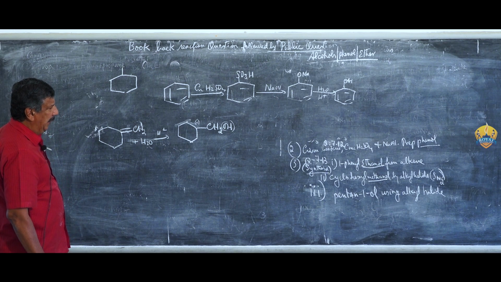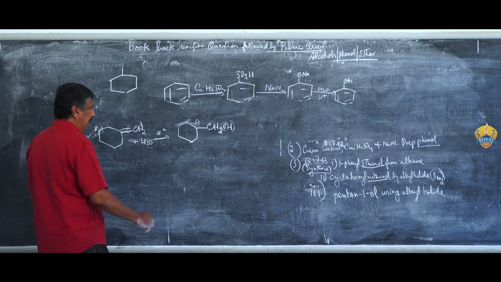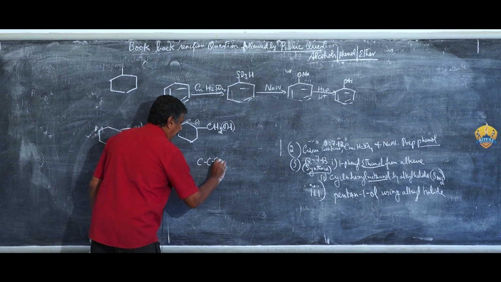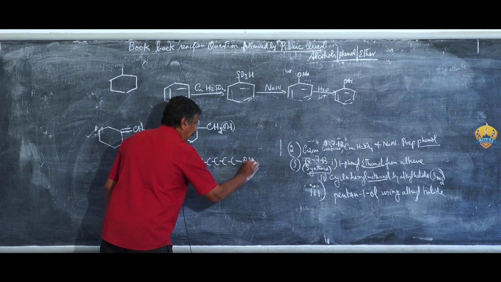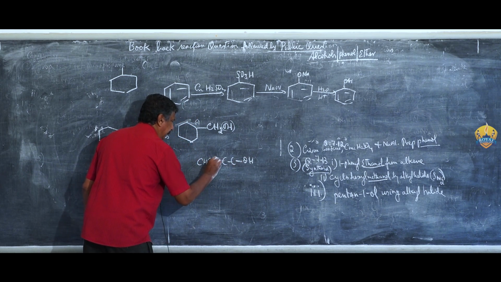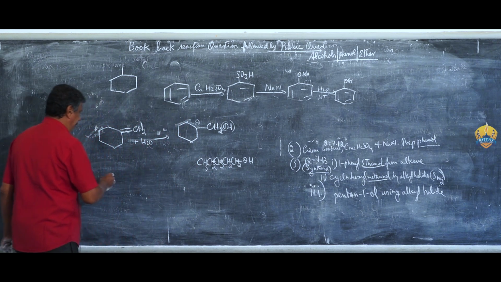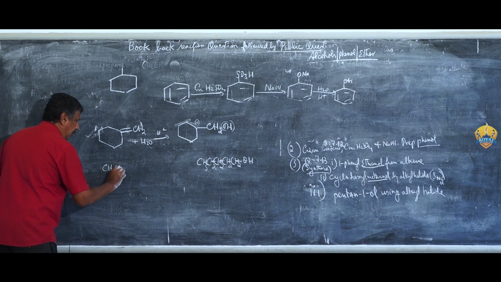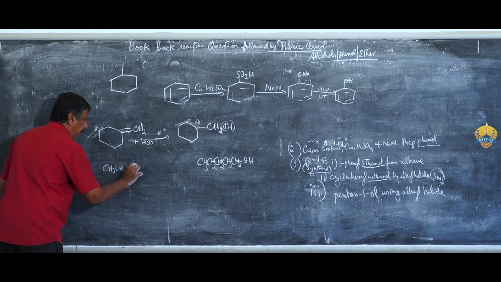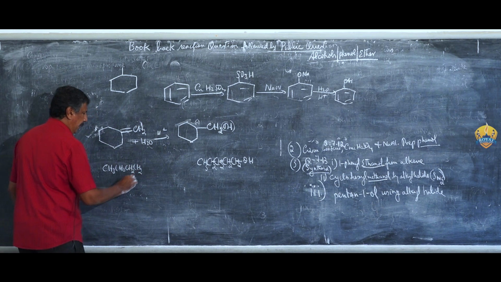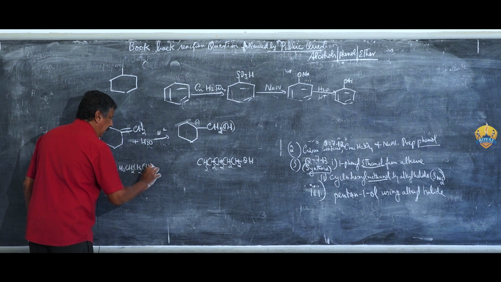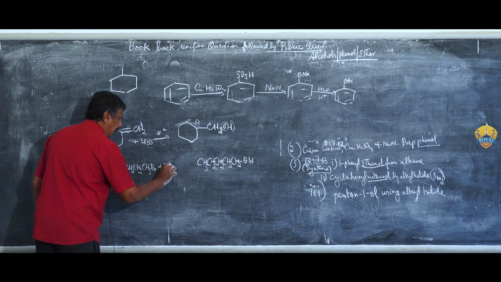Next one, pentan-1-ol using alkyl halide. Pentane 1, 2, 3, 4, 5, like this. Very easy. 1, 2, 3, 4, 5. You write the Br. That's all.